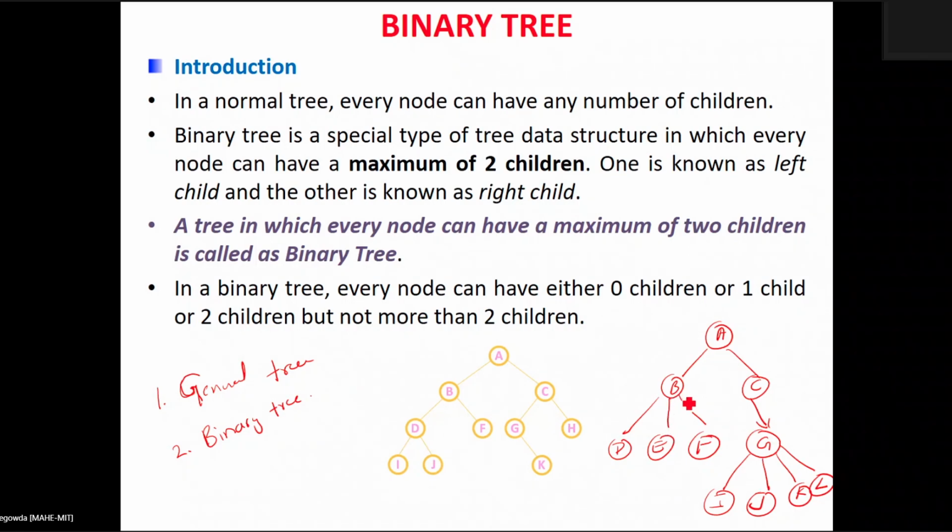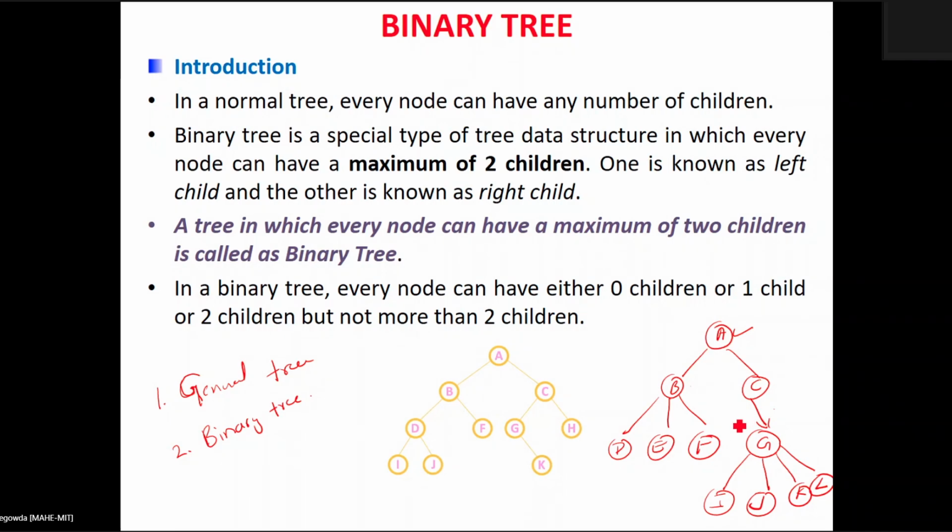There is no restriction on the number of children for any given node here. If you look at A, A has 2 children. If you look at B here, B has 3 children, and C has only 1 child, whereas G is going to have 4 children here. Such types of trees are called general trees.